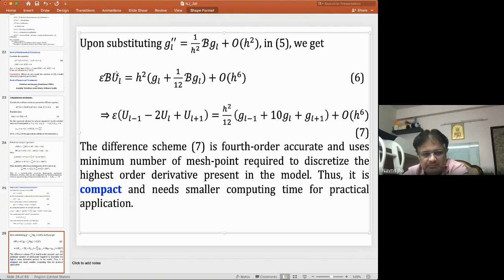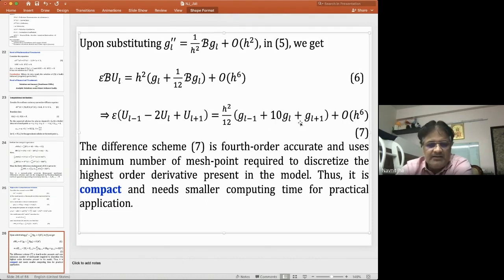Now just put the detailed expression of operator B and the detailed expression of B gl. We are getting equation 7 as a scheme which is giving us local truncation error order h6. Please note that I have started the formulation.